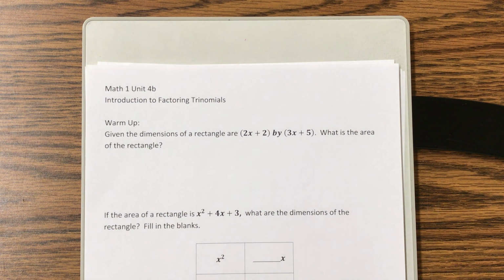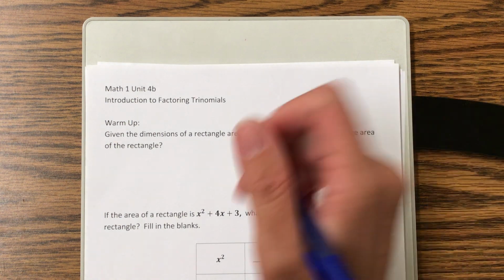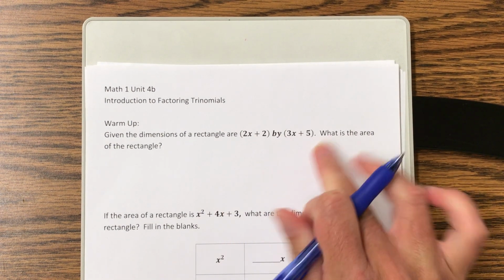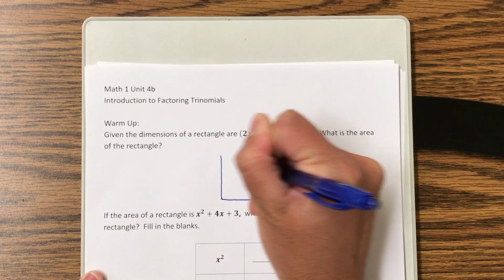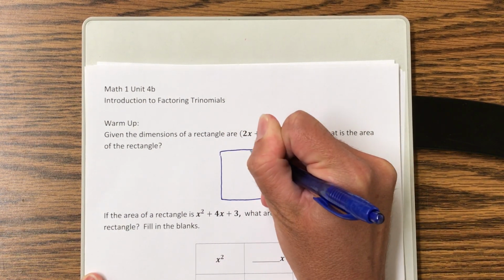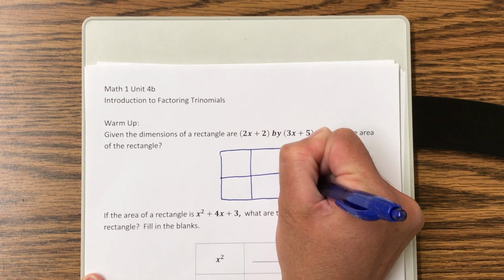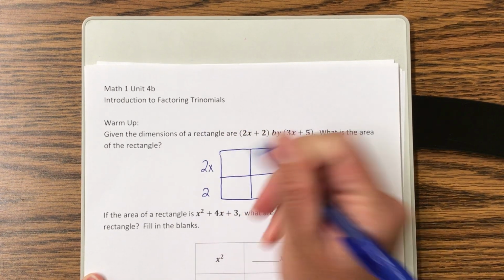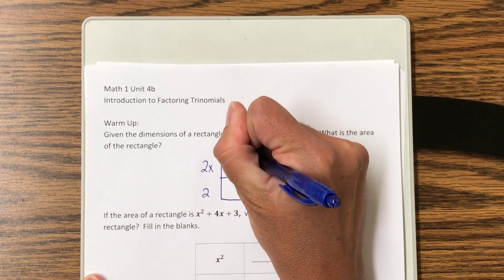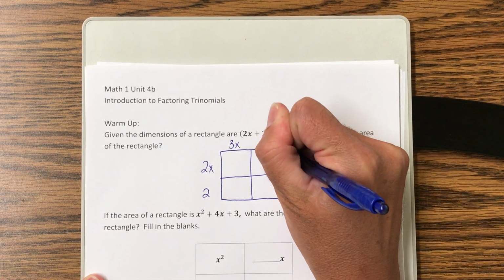So if you remember, we have a binomial by a binomial, and we use what we call the box method to multiply. So to start with, because it's a 2 by 2, I'm going to set up my 2 by 2 box. And so I have a height of 2x plus 2, and I have a length of 3x plus 5.